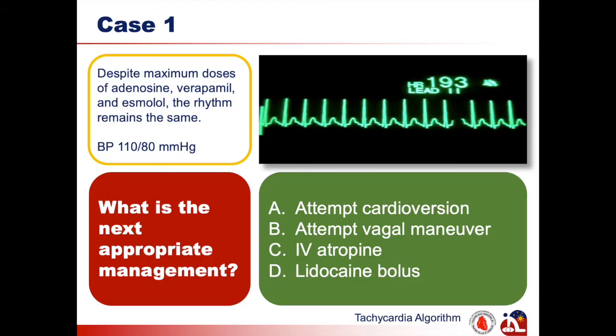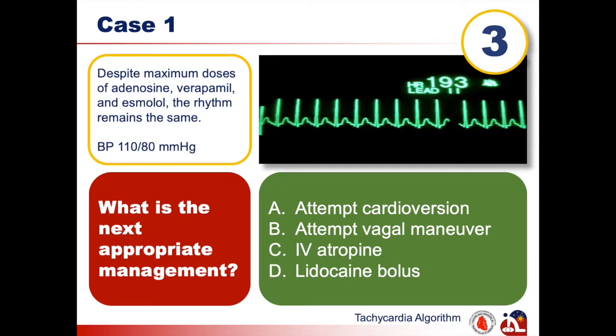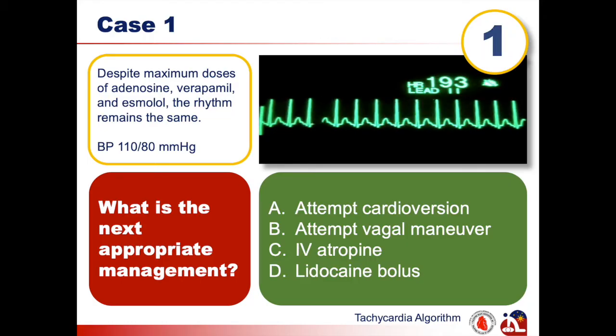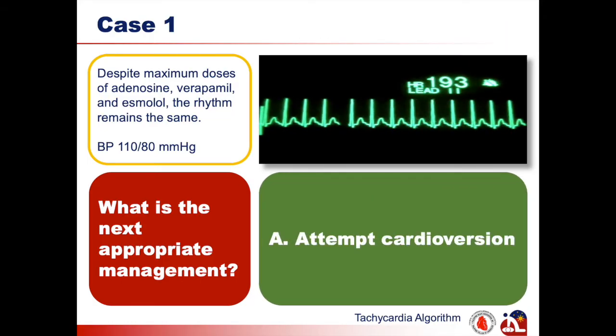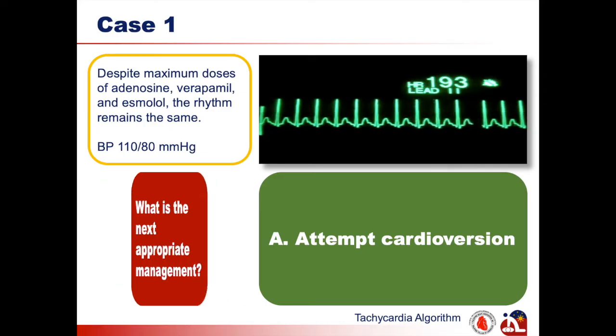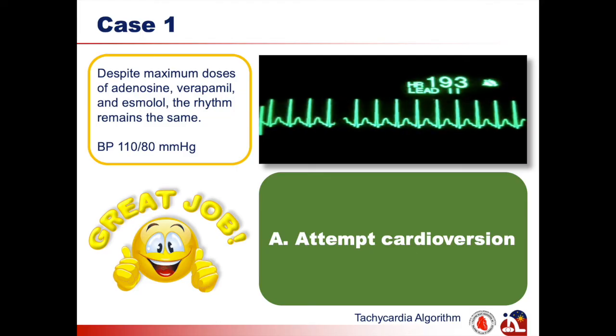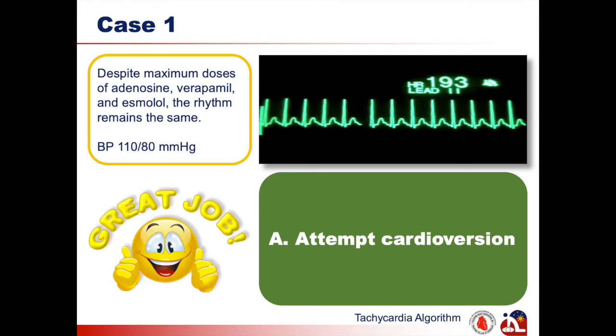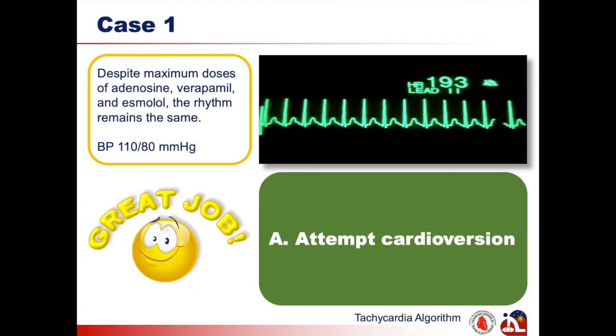Or D. Lidocaine IV bolus. The answer is A. Attempt cardioversion. You are correct. Good job. For stable tachyarrhythmias that are refractory to medications, you can attempt to do cardioversion.